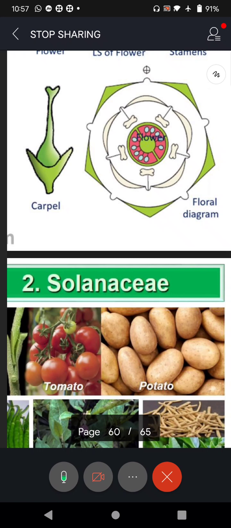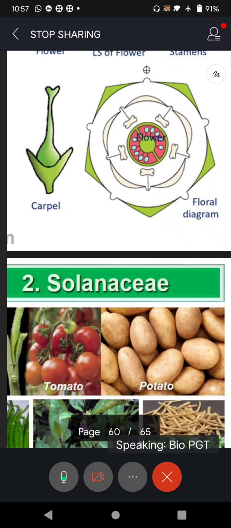So, what you have to do today after my class? You have to draw all the diagrams, particularly the floral diagram. Practice once and convince yourself whether you have understood or not. No mugging, no by heart. Apply logic.